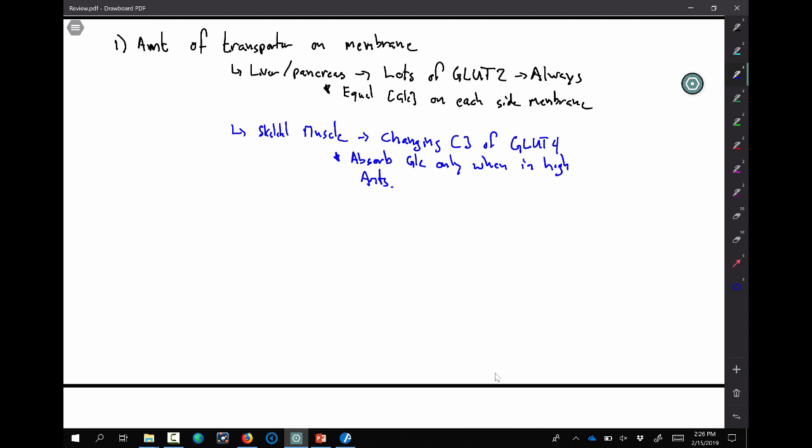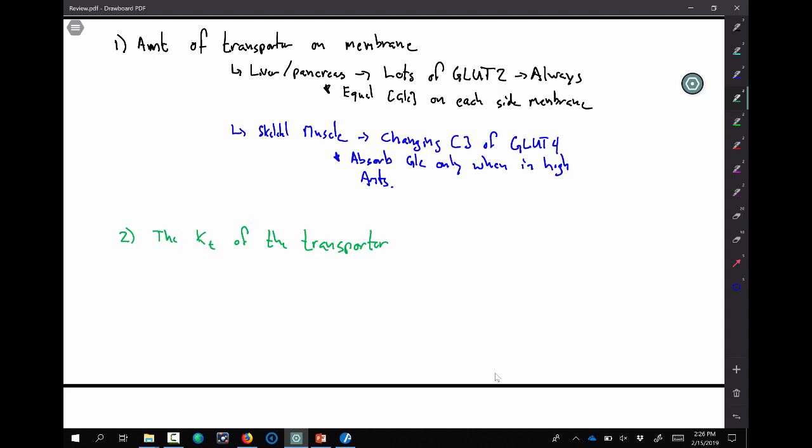Now, that's the two main points with the amount of it in the membrane. The other thing would be the KT value of the transporter. This is a concept that is a little bit more challenging to see.